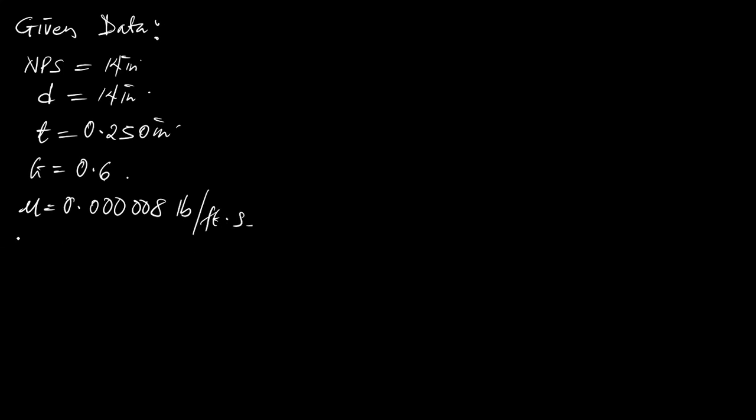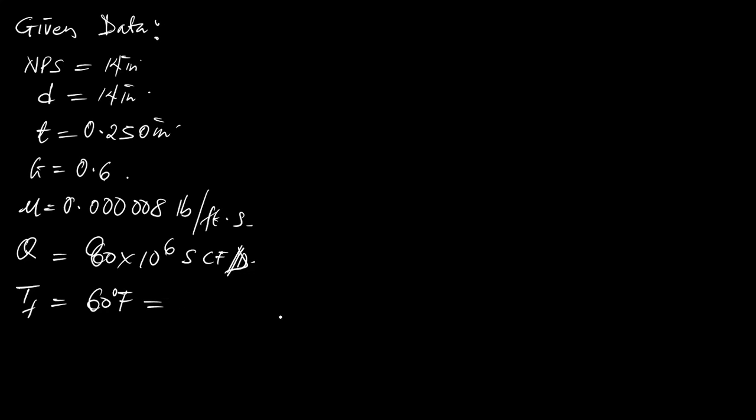Now, we're given the flow rate to be 80 times 10 raised to power 6 standard cubic feet per day. So, while the inlet temperature is 60 degrees Fahrenheit, since it is an isothermal process, the temperature remains the same.